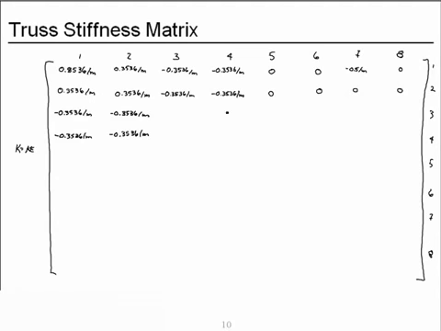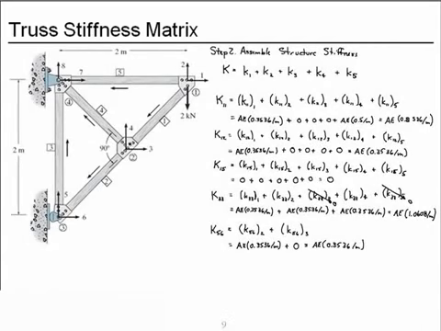Now our next chunk, 3, 4, and 3, 4, which means forces generated at degrees of freedom 3 and 4 due to deformations at degrees of freedom 3 and 4, which will have a contribution from members 1, 2, and 4.